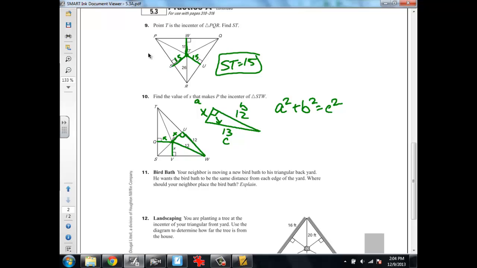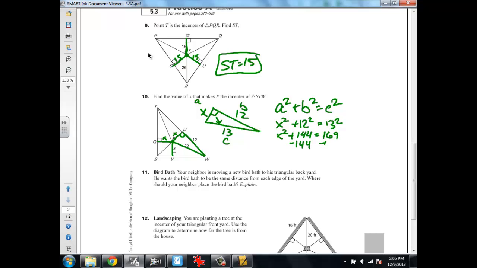My A value is x squared. My B value is 12 squared. So do the math. 12 squared, you guys know these by now, 144. 13 squared is 169.